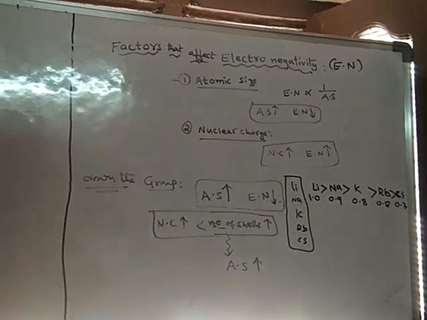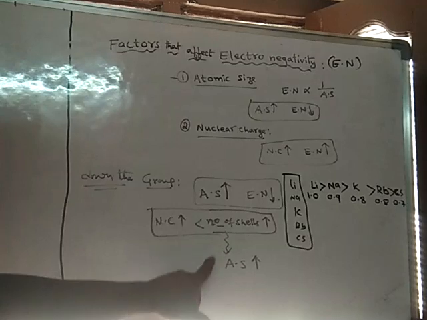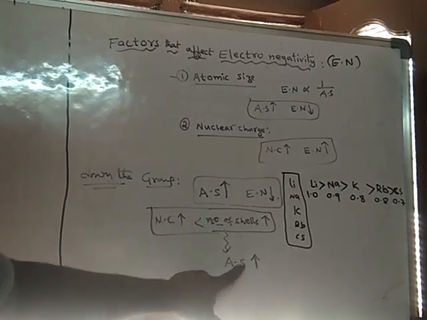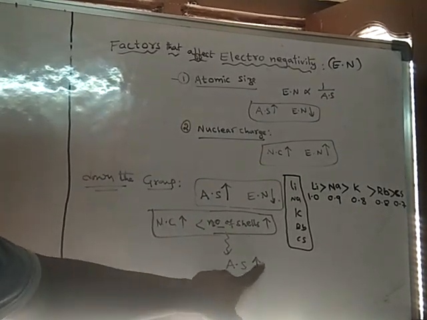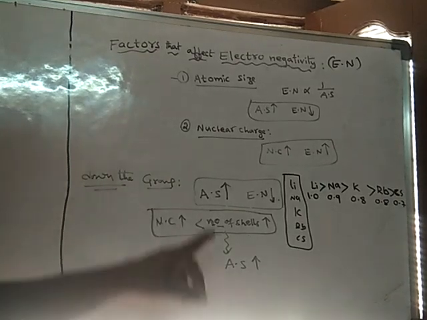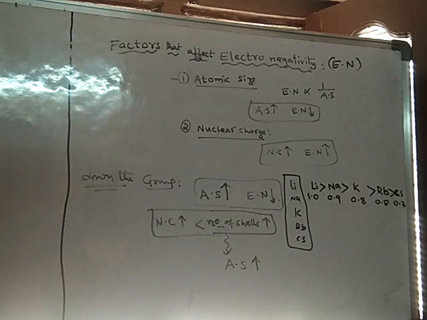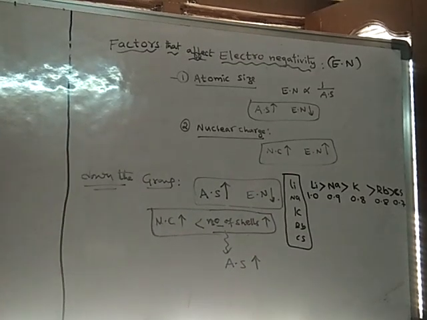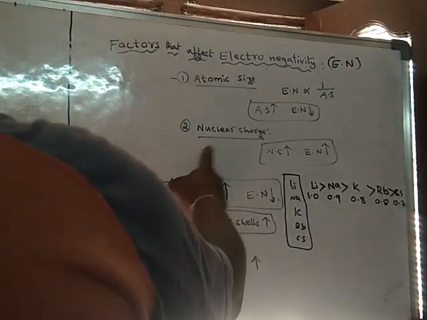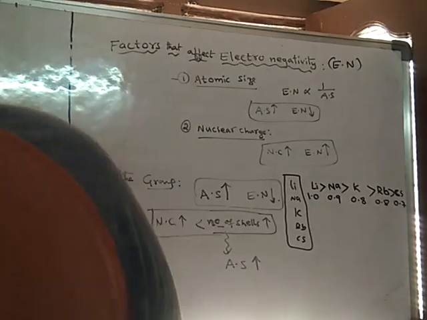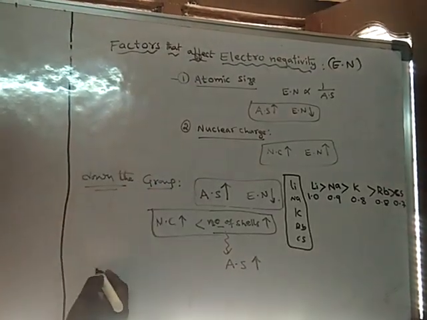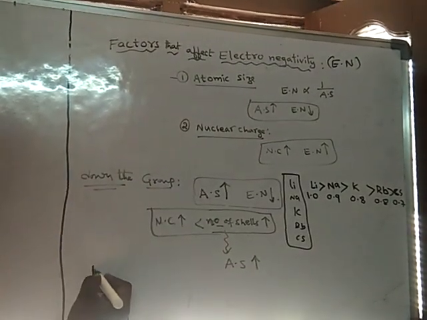As a result, atomic size increases down the group. When atomic size increases, automatically electronegativity decreases.